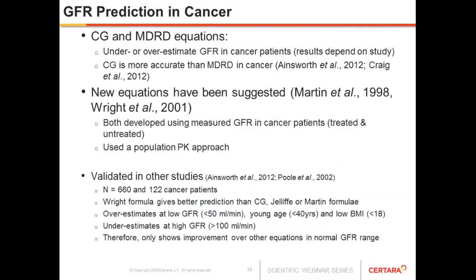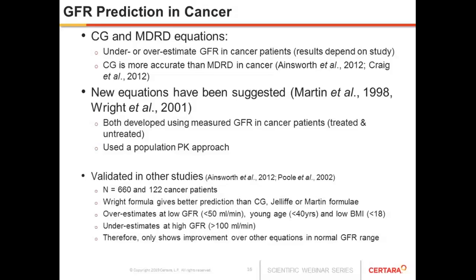So in terms of methods which are available for predicting GFR in cancer, the classic ones that we use, especially within Simcyp, are the Cockcroft-Gault and also the Modification of Diet in Renal Disease equations. And essentially, there have been studies that have looked at the accuracy of these equations to predict GFR in cancer patients.